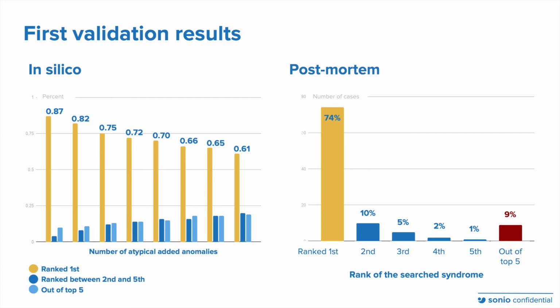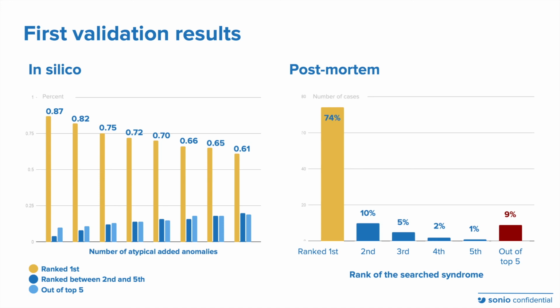We also tested the robustness of our algorithm by gradually adding more atypical signs that are not part of the phenotype of the disease to be guessed. Again, Sonio performs very well. Even when 8 atypical signs are added, the correct diagnosis remains in Sonio's top 5 in more than 70% of the cases.